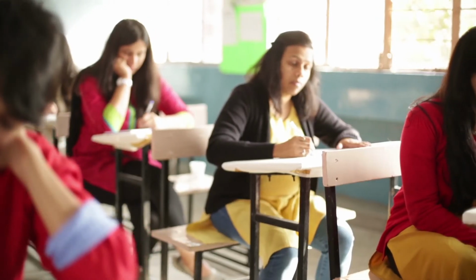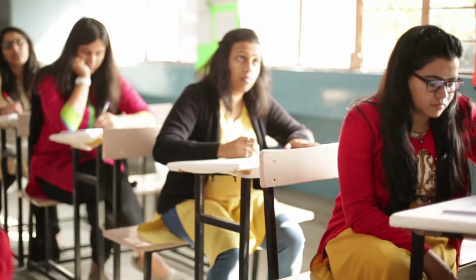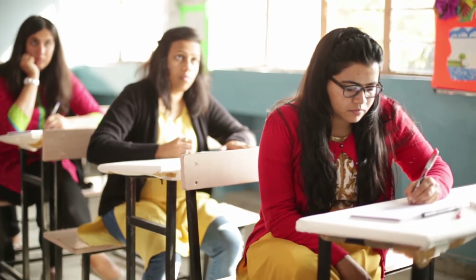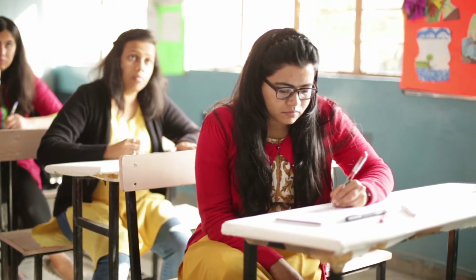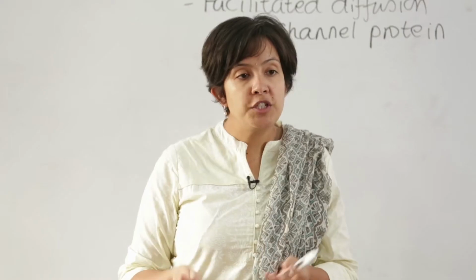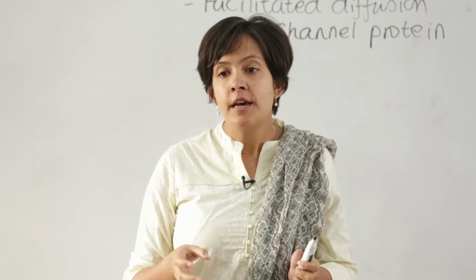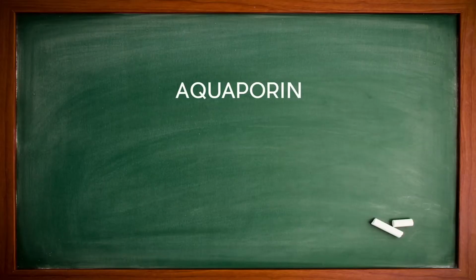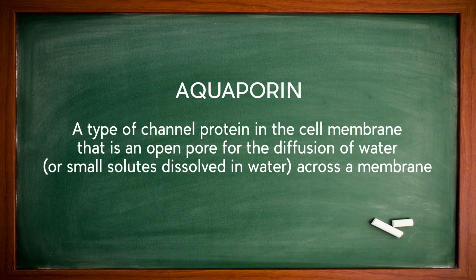And so it just allows far more particles to pass than could pass through simple diffusion. A good example of a channel protein would be a protein called aquaporin. As you might be able to guess from the name, it's something to do with water. So it's a pore for the diffusion of water.